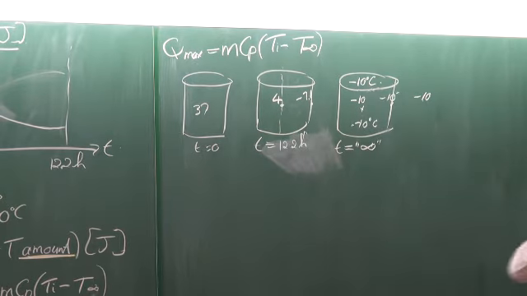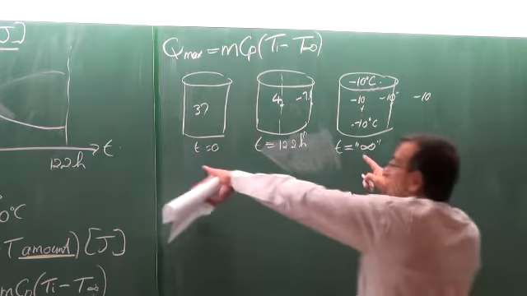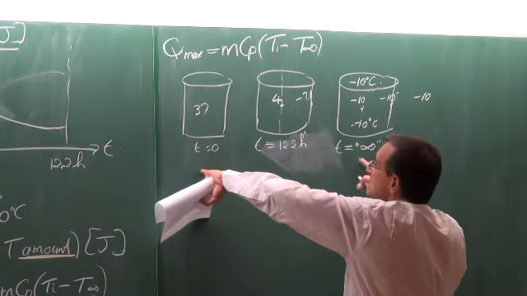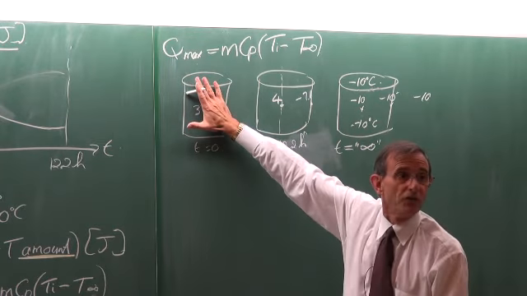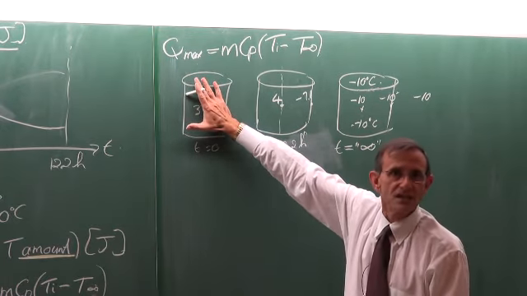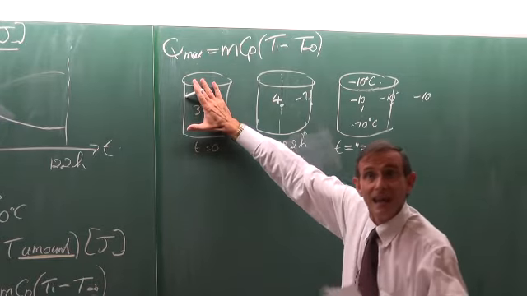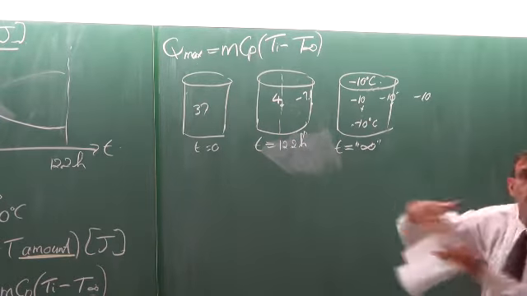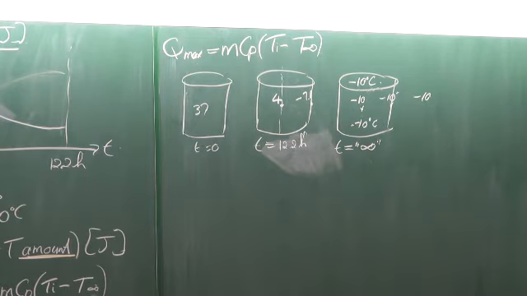Okay. And that would be Qmax. So Qmax would be how much heat is needed to take this body of 37, the whole 65 kilograms, and everything is being cooled down to minus 10 degrees Celsius.